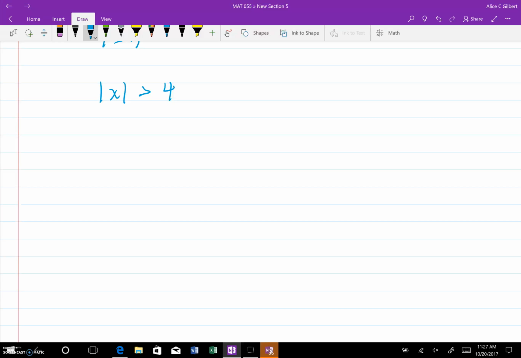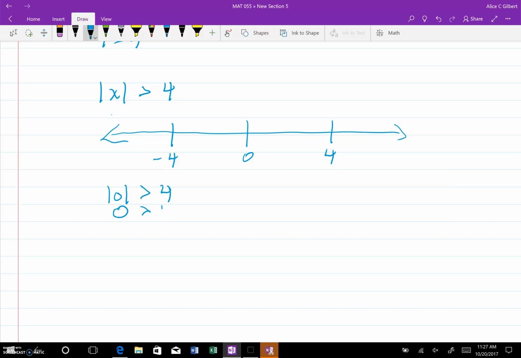Well, let's think about all the possibilities that x could be. If I made x be 0, the absolute value of 0 is 0.